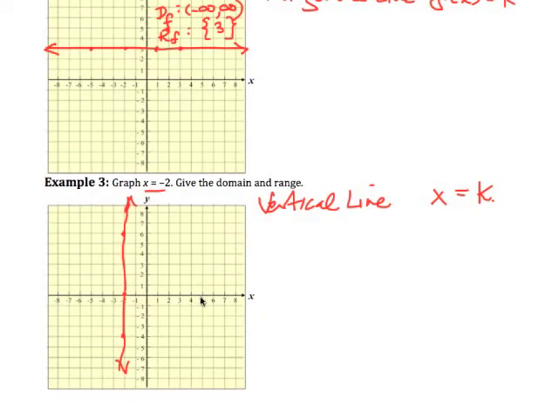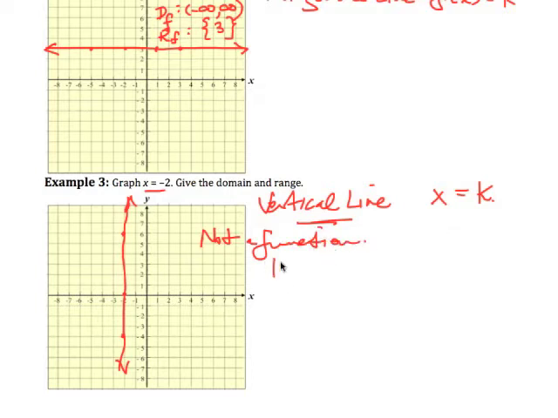The constant value is the one that it goes through, so notice it's going through -2. So any ordered pair (-2, 6), (-2, 5), (-2, 1), (-2, 0), (-2, -6) is on this vertical line. You'll notice that this is not a function, because every ordered pair has the same x value.